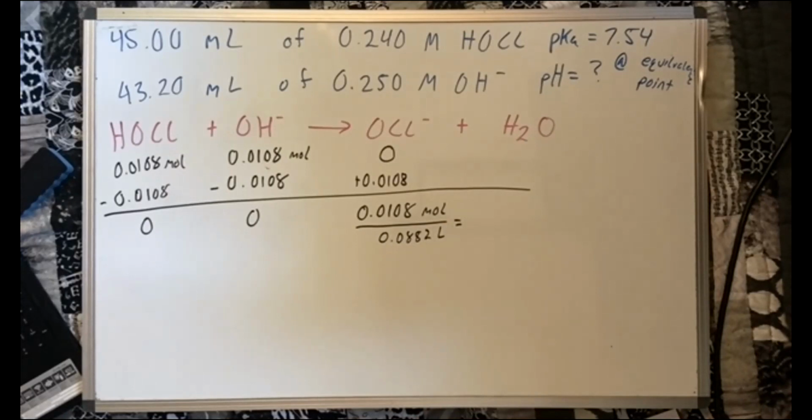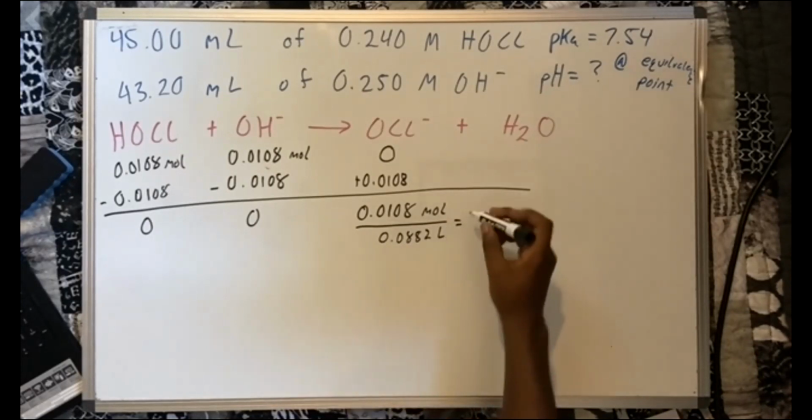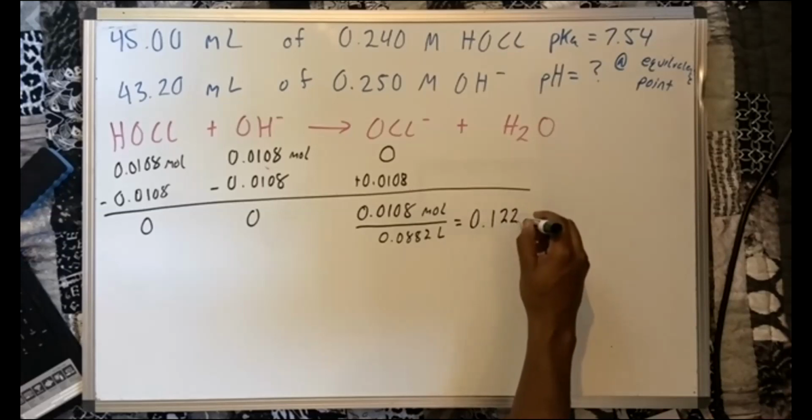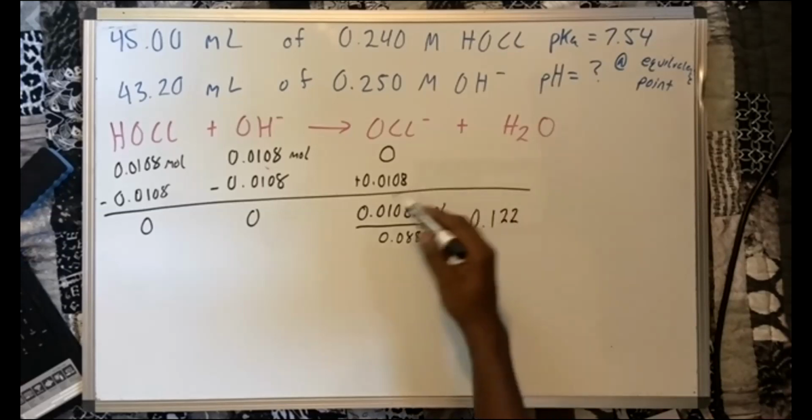So I got 0.0108 over 0.0882, and I get 0.1224.